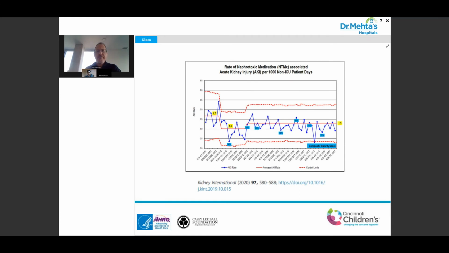And again, we have found a 23% decrease in acute kidney injury across these 9 hospitals. So NINJA can work at other hospitals, and I can tell you, as we've continued to go after this publication, we've decreased the AKI rate even further. So this is something any hospital can do.